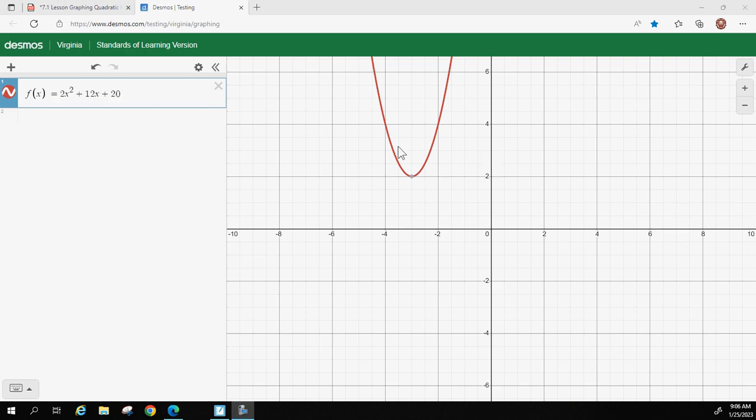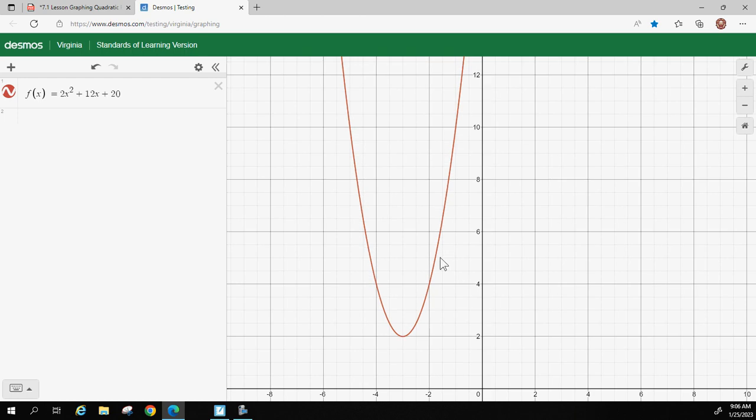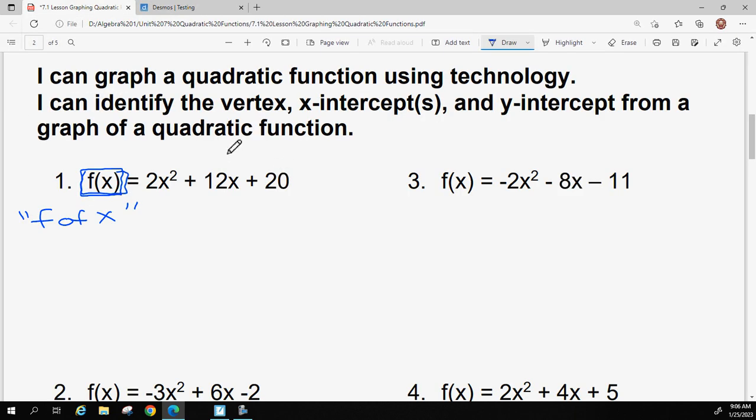So here I've put this function into the calculator, and you can see it makes this sort of a U shape. We call this a parabola. It is a quadratic function. The graph we call a parabola. When we graph lines, we just call them straight lines.